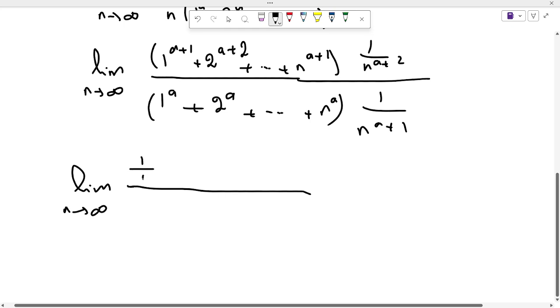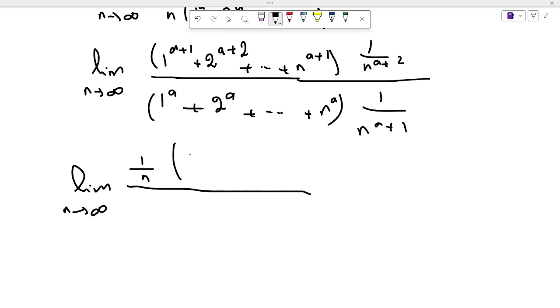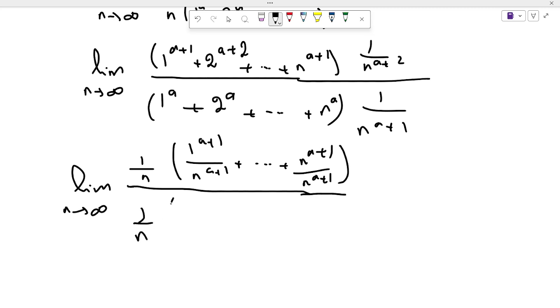So 1 over n times what? I'm left with n to the power a plus 1: 1 to the power a plus 1 over n to the power a plus 1, plus until n to the power a plus 1 over n to the power a plus 1. What about here? It's 1 over n times 1 to the power a over n to the power a plus until n to the power a over n to the power a.